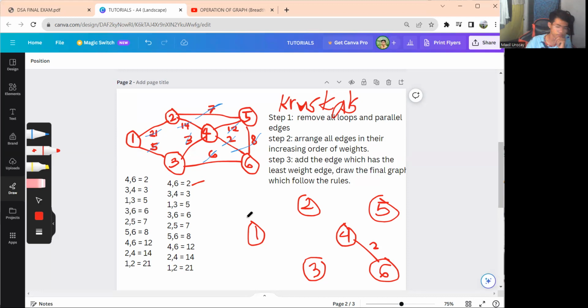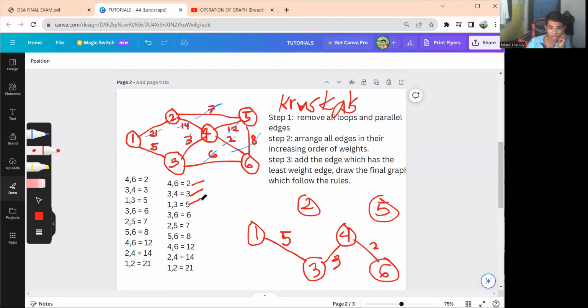Then next is 3 to 4, which is basically 3. So that's not a cycle yet, so we use that one. Check. 1 to 3 is not a cycle, so we use that one. That is 5. And this is 3.